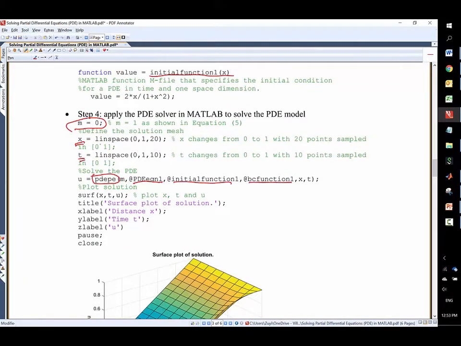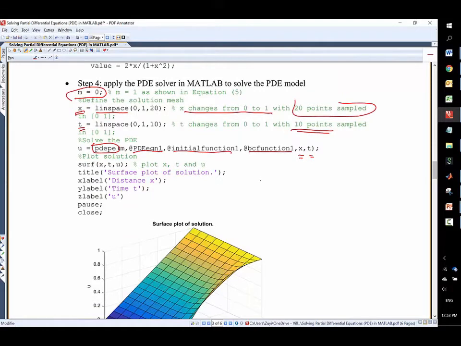So x changes from 0 to 1, with 20 sample points between 0 and 1. Similarly for the time, we have 10 samples between 0 and 1. After that, we put s and t in, then we put all these functions in, and we use the PDE solver to solve the PDE. So u now has two columns: the first one is the time, the second one is the location.